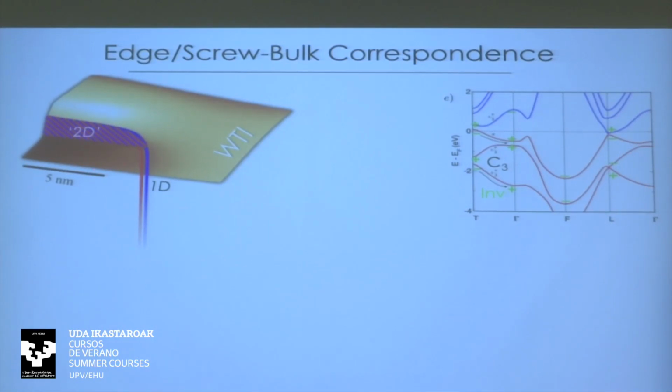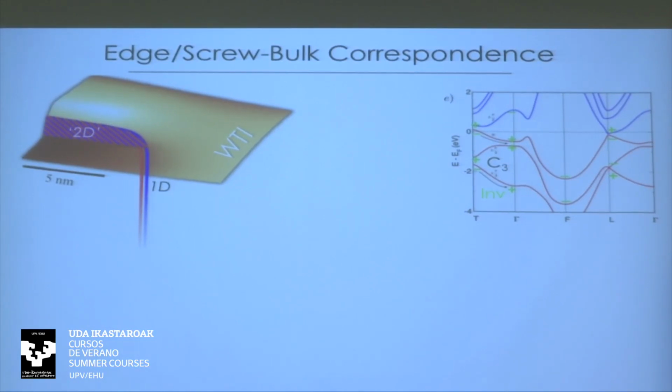It's not the hinges. This is a first-order topological phase. So the bulk is a weak topological insulator, which means that the side surfaces should be metallic and have helical metallic surfaces. But then the screw dislocation kind of collects this 2D side surface into a one-dimensional helical mode that can plunge into the material.